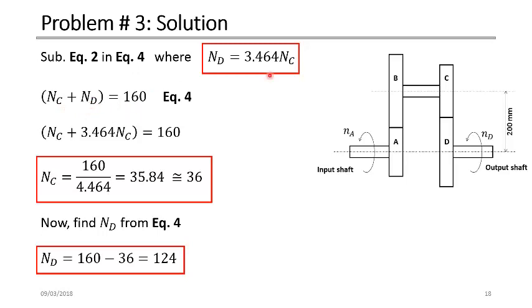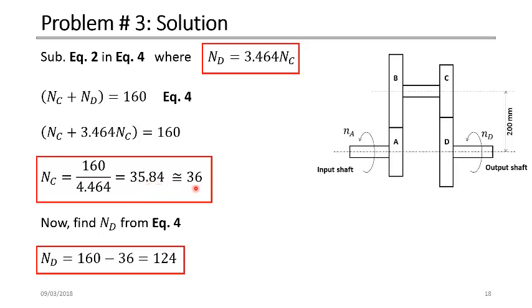We replace ND by 3.464 NC, and we finish up with this equation: NC plus 3.464 NC is equal to 160, and consequently the number of teeth on gear C is equal to 35.84. We cannot take this number as it is. We need to round this number up to 36.